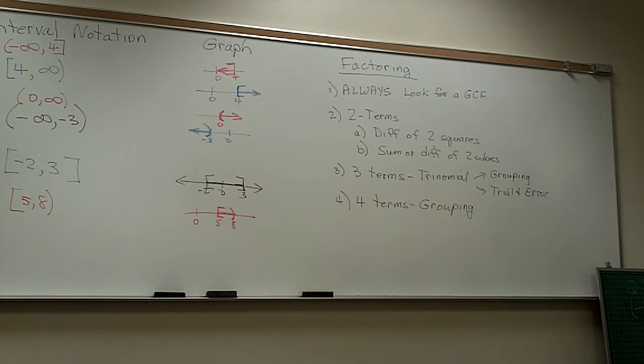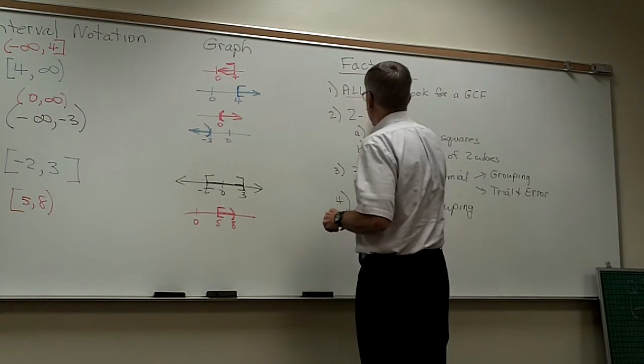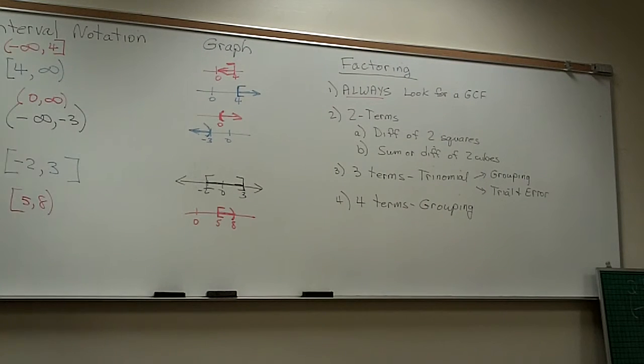But the emphasis is on the always. Always check for a GCF. In factoring situations, the GCF only exists about 20 to 25% of the time. But if there is a problem that has a GCF and you don't pull it out first, usually you can't go any further. It is a necessary first step to check for.